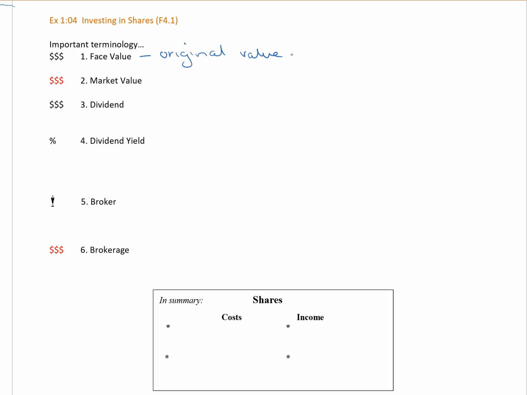So what they're hoping is that lots of people will buy those shares at that value, and once there is enough interest in the company, then they're able to increase the value of the share and get more money invested in the company. The market value then is like the present value.